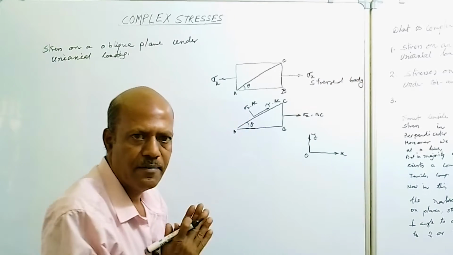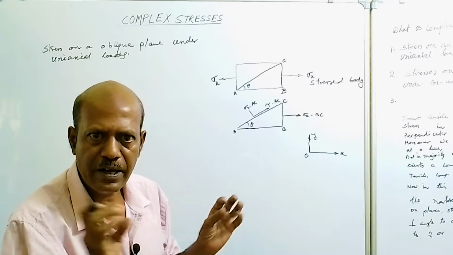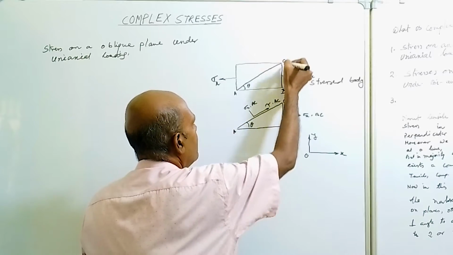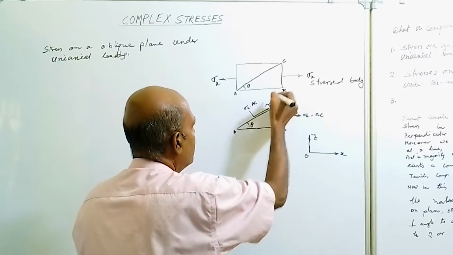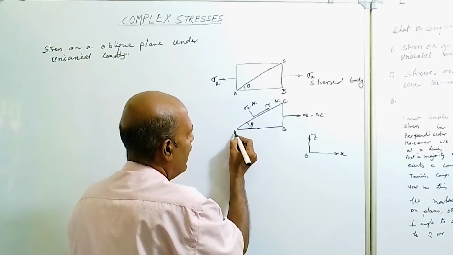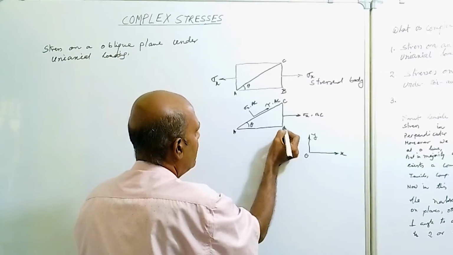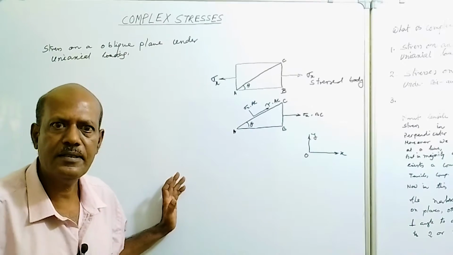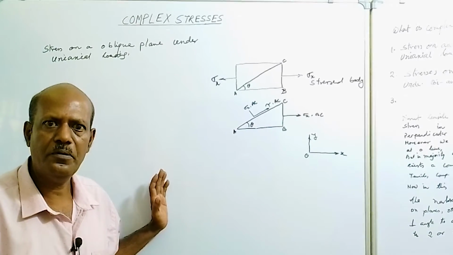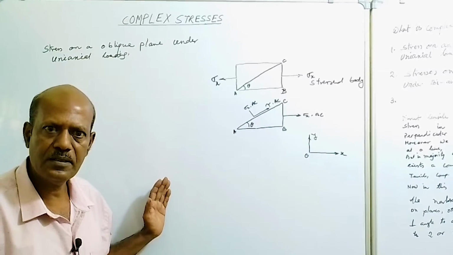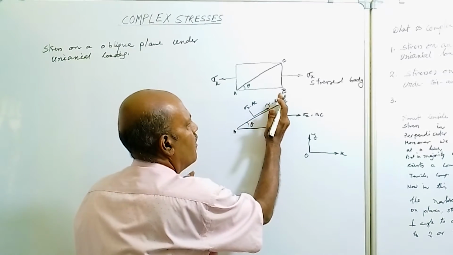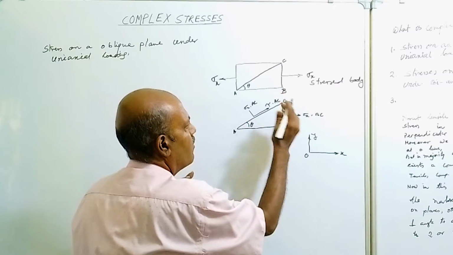We have taken one element from the body and given the name A, B, C. The element is separated and drawn here, that is A, B, C. In this chapter, we are going to find the stresses on planes other than the plane where the load is perpendicular.